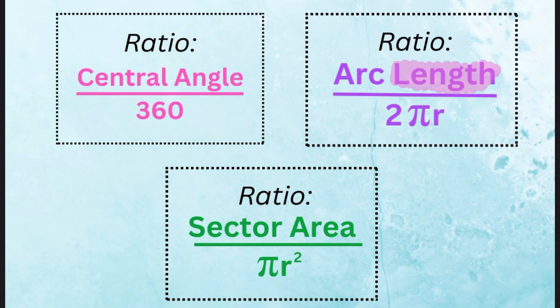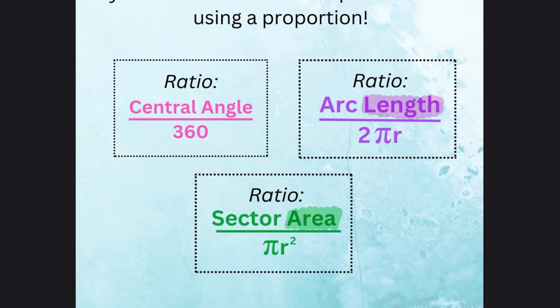So if you see the word length, you're doing arc length. If you see the word area, you're doing sector area. And central angle, I think, will be a little bit more obvious to you. Make sure you pick the right 2 ratios. Any 2 ratios you can get, set them equal, and solve.